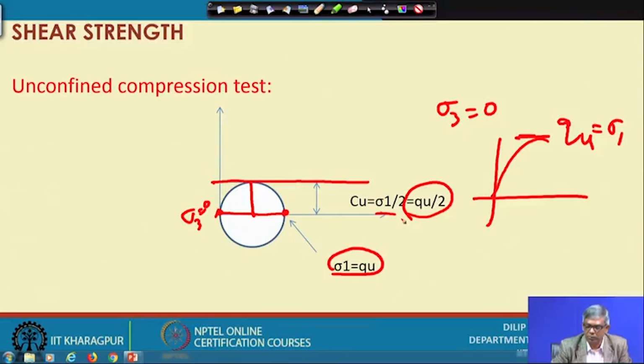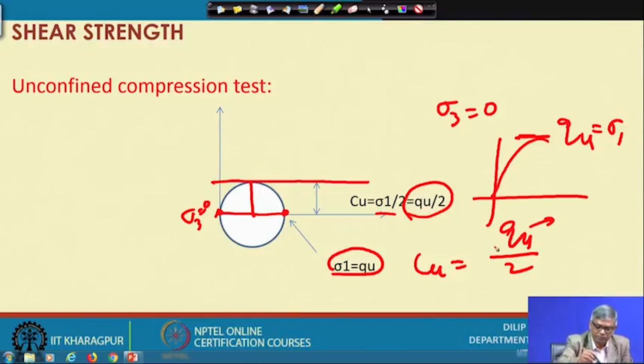Then what you have to do is take the shear strength parameter from there, which will be Cu equal to q u by 2. Many times students take whatever is given as Cu itself, and then everything will go wrong. So, that is another important point you should remember.